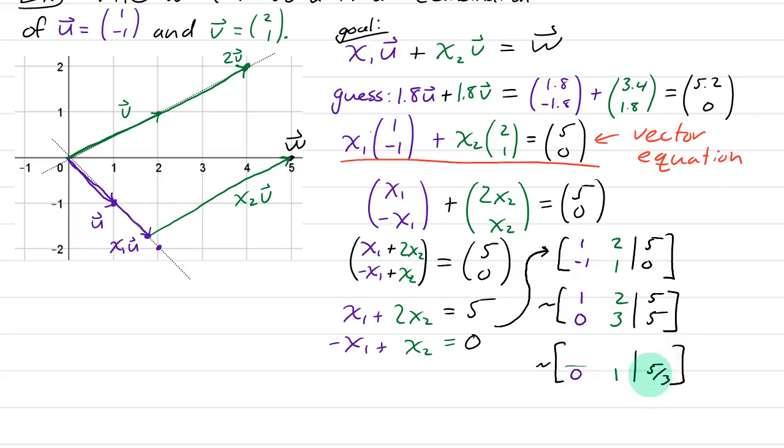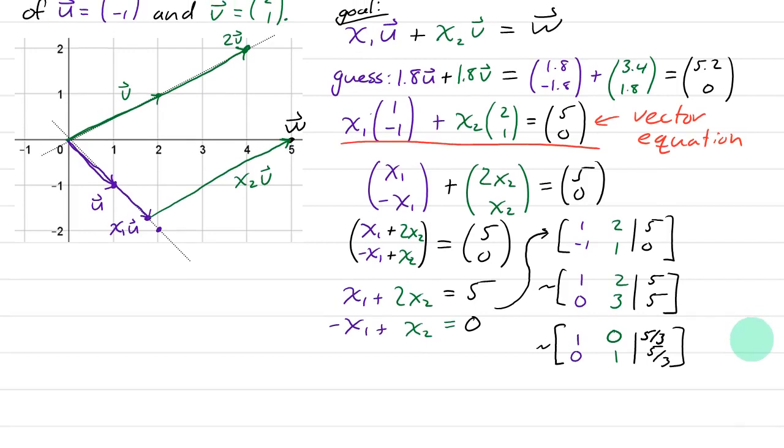We can just do -2 times this row plus the first row to clear away this 2 in the first row. So that's going to leave you with a 1, a 2 minus 2 times 1 gives you a 0, and then 5 minus 2 times 5/3 is 15/3 minus 10/3 is also 5/3.